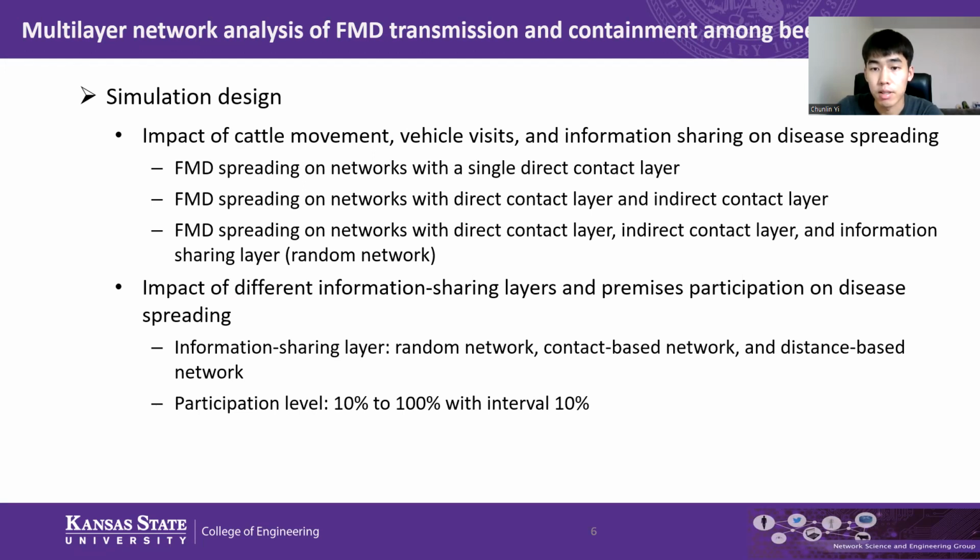Then three different types of the information sharing layer are added individually to the contact networks. In each information sharing network, we randomly activate 10% to 100% participation nodes and deactivate the rest.